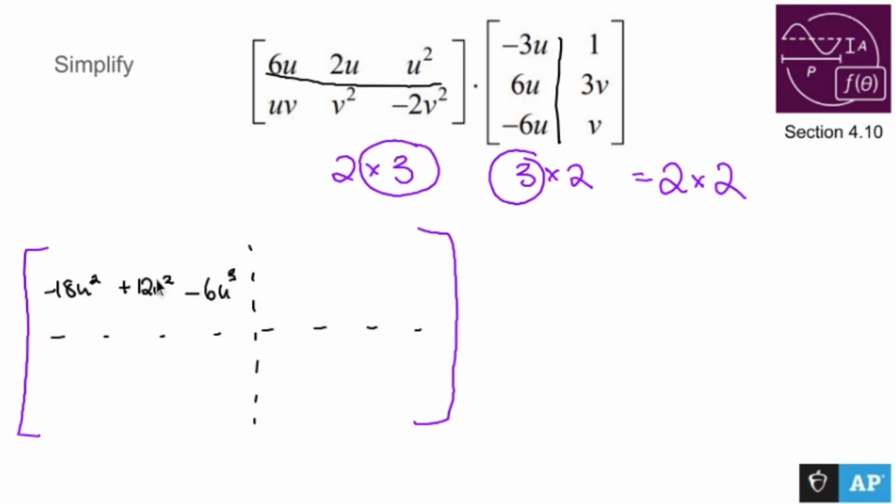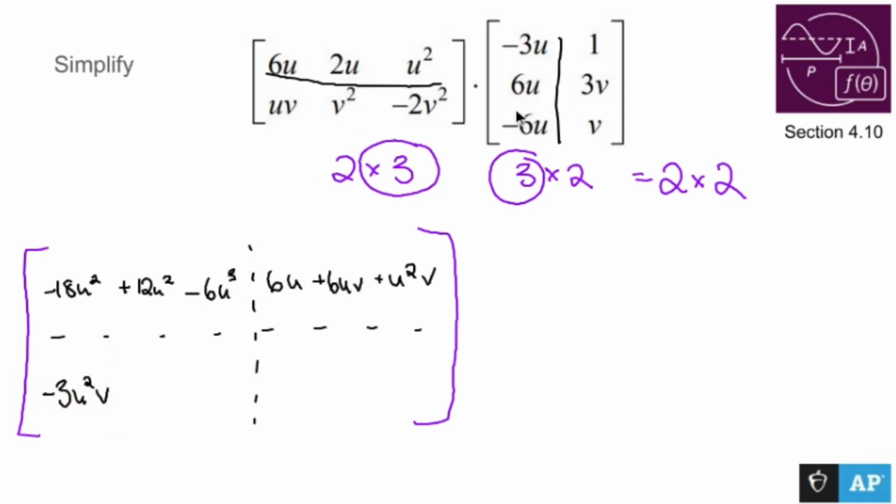All right. First row, second column. 6u times 1 is 6u. 2u times 3v is going to be plus 6uv. And u squared times v is going to be plus u squared v. No combining there. Second row, first column: uv times negative 3u is going to be negative 3u squared v.